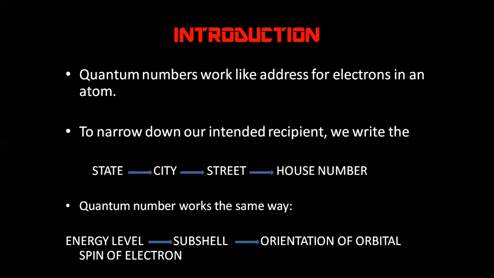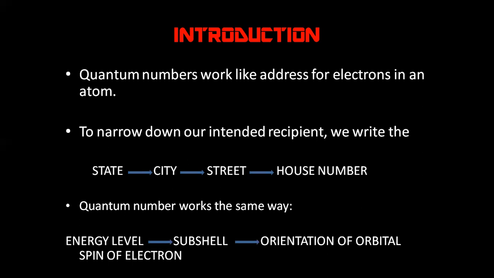Whenever in an atom you have many electrons, to specify a particular electron, we need these 4 things: to which energy level that electron belongs, to which subshell, to which orbital, and what is the spin of that electron in that orbital. To find out these 4 things, we require the 4 quantum numbers.